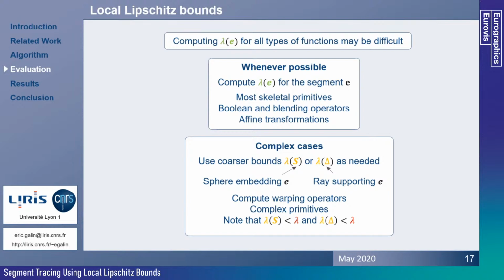In those difficult cases, we resort to coarser bounds, which are simpler to compute. In general, we evaluate lambda over a sphere embedding the segment E, or even compute lambda over the entire ray supporting the segment E. While those bounds may be less accurate, they are easier to compute and are still a better approximation than a global Lipschitz bound.